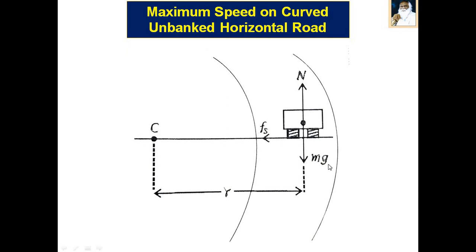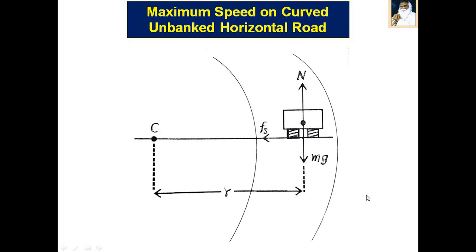Here is the weight mg. Opposite to the weight mg and perpendicular to the road surface, there is another force acting which is balancing the force mg, the normal reaction N. This is opposite to the gravitational force acting on the body or the vehicle. This is the normal reaction N.